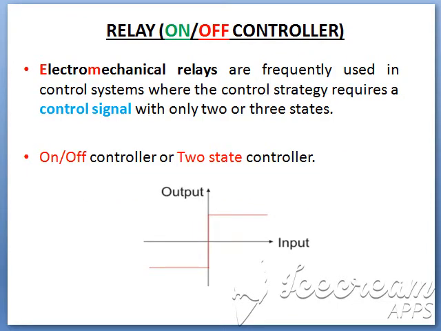As we know, electromechanical relays are frequently used in control systems where the control strategy requires a control signal with only 2 or 3 states, so relays are on-off controllers or two-state controllers. That is, when we switch it on, it will give an output, and when it is turned off, the output will be 0. Relay is an example of an on-off controller.